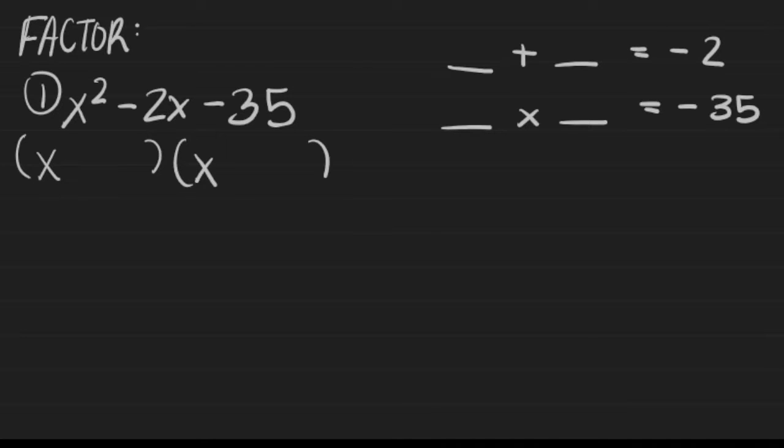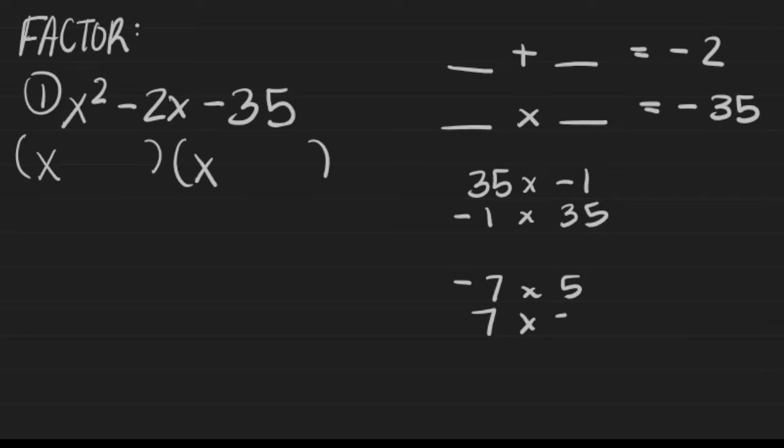So we'll write down terms that can multiply to negative 35. We have negative 1 times 35, and 1 times negative 35. We also have negative 7 times 5, and 7 times negative 5. If you look at our first set of numbers here, we know these numbers cannot be possible because none of these two terms add up to negative 2.